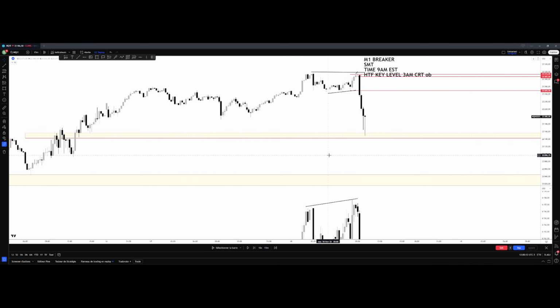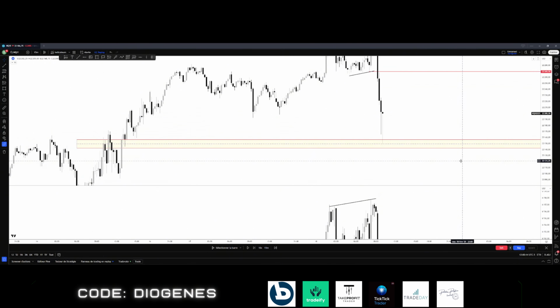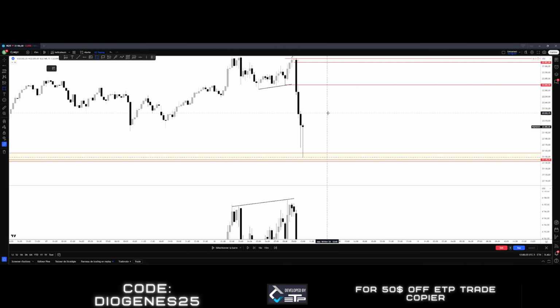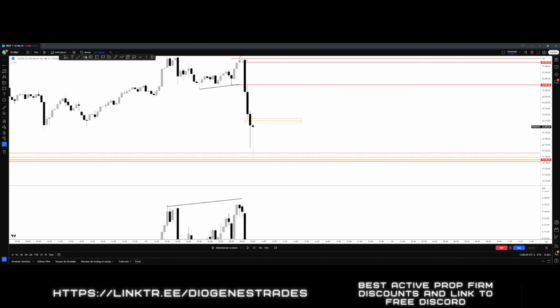All right. So price was still in this fair value gap, but we didn't take this liquidity, right? Which was sus. For me, it was sus. And we also had this 15-minute fair value gap. So for me, this was a 15-minute CRT, okay?